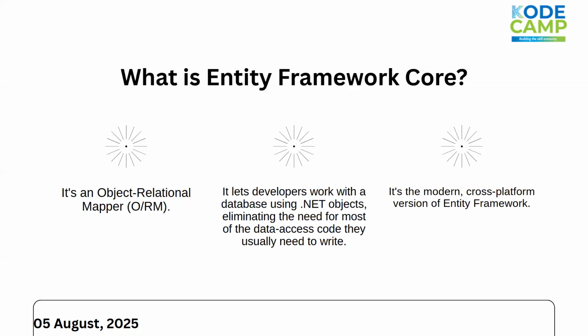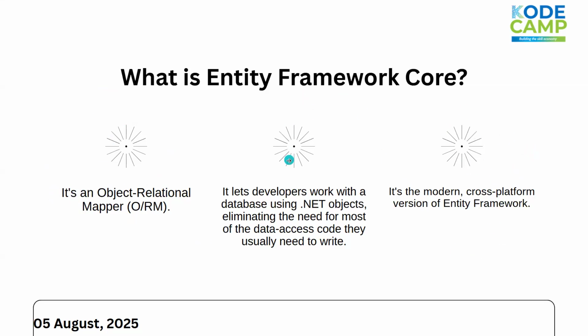So an ORM, like EF Core, acts as a bridge or a translator between our world of objects and the database world of tables. Just see it as, on your left-hand side, you have your objects, while on the right-hand side, you have your database.